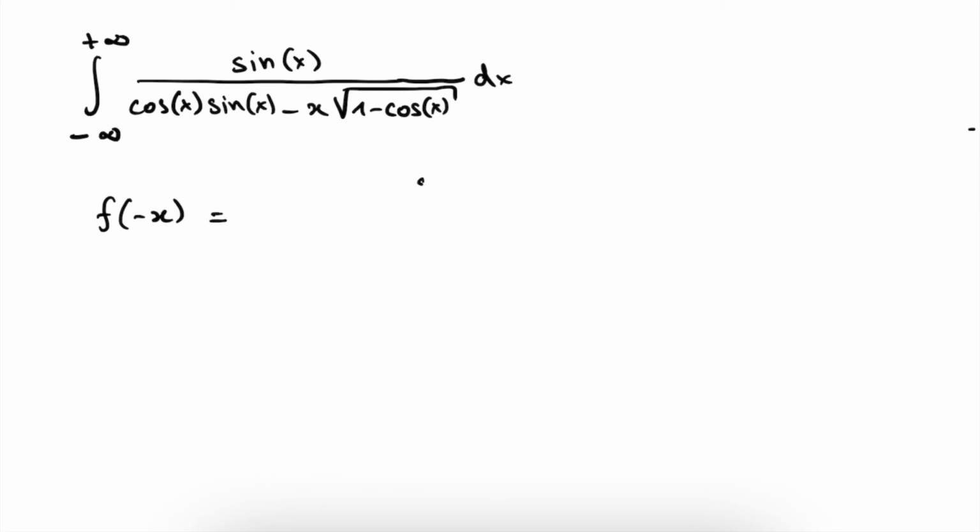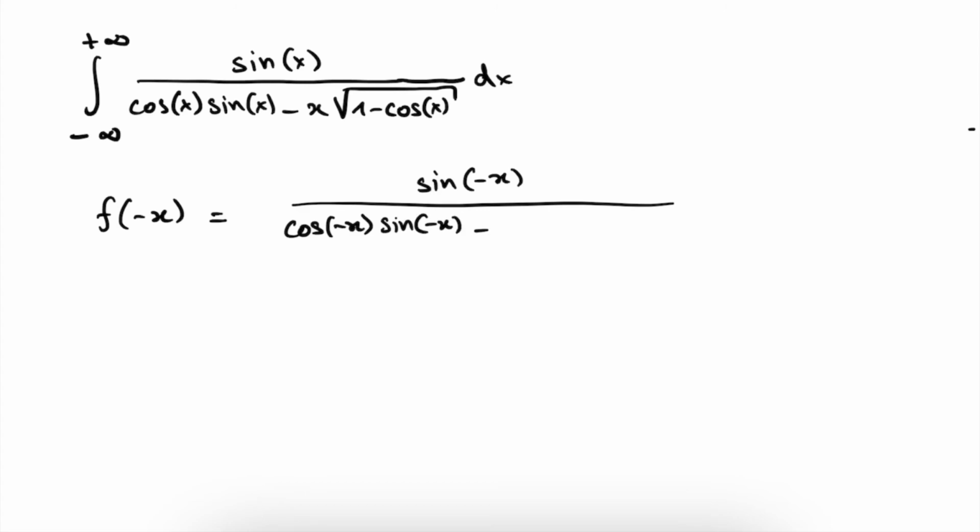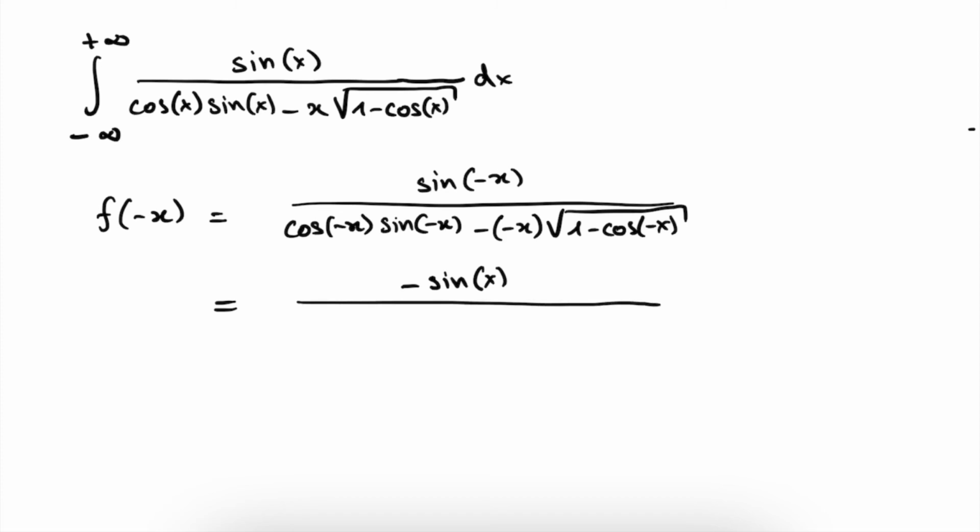This simply becomes the sine of minus x divided by the cosine of minus x times the sine of minus x minus x times the square root of 1 minus the cosine of minus x. And this can be rewritten as follows. The sine of minus x is simply minus the sine of x. So the numerator we already have down. The cosine of minus x is simply the cosine of x.